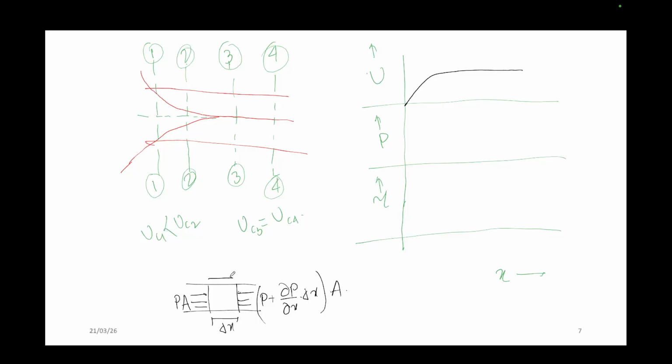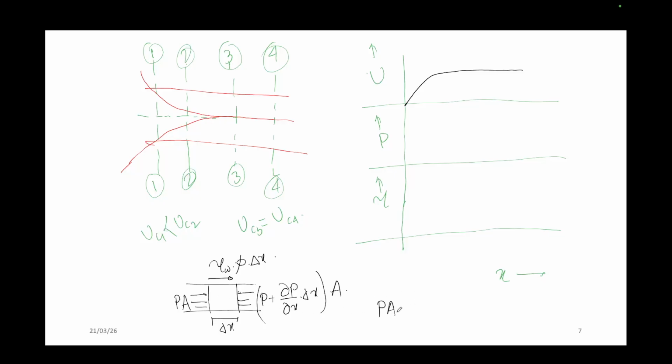Now say there is a shear force tau W. What should be the force? It should be tau W into the perimeter into del X. This perimeter, say I am representing as small p into del X, right? So what should be the force inserted into this control volume?